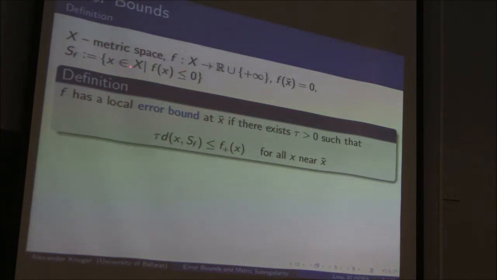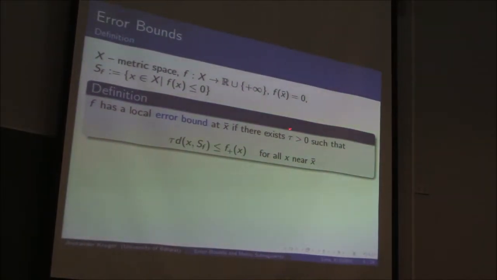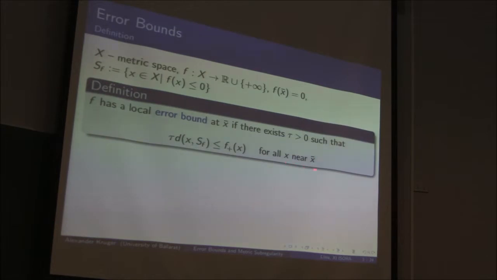So, if a point doesn't belong to this set, it would be good to have some kind of estimate how far this point is from the set of solutions, and to have this estimate in terms of the value of the function itself. So f plus here has the usual meaning, maximum of f of x and 0. And I'm talking about the local property. This inequality holds for some positive tau and for all x near x bar. This is error bound, local error bound.